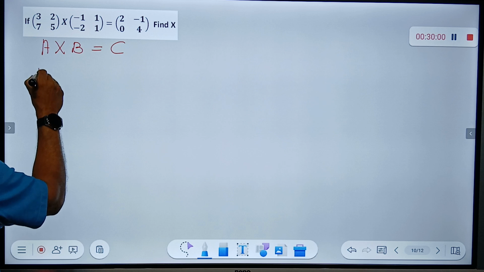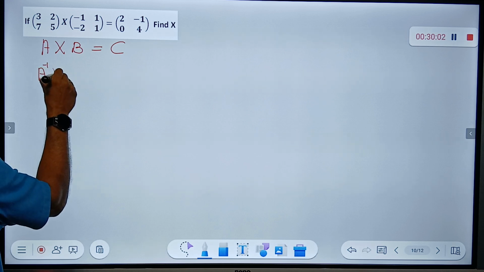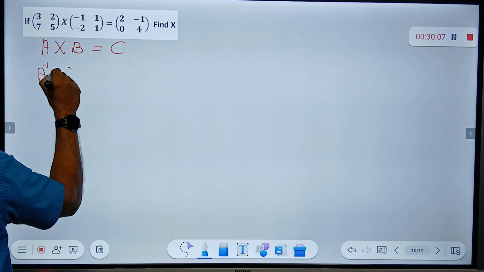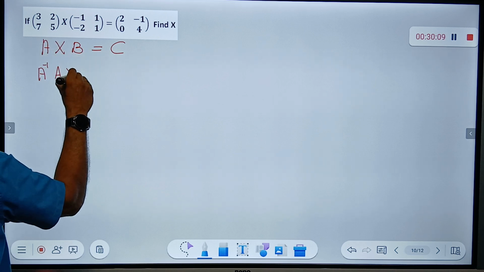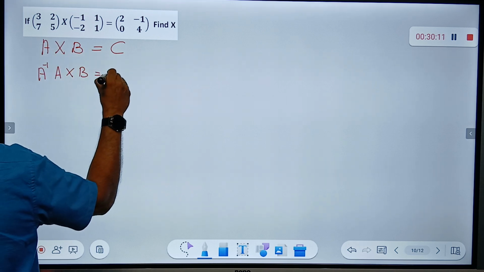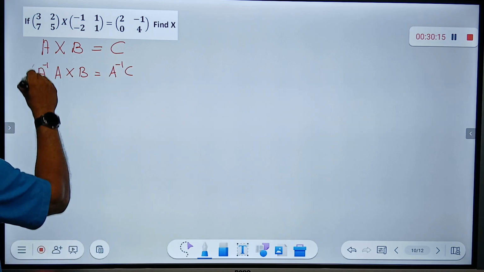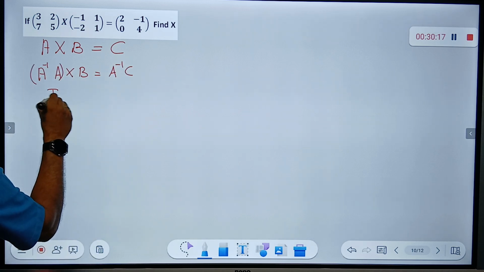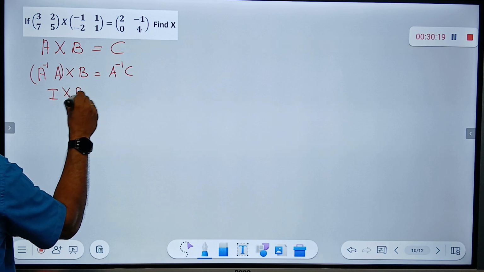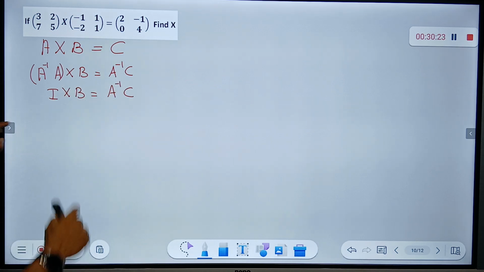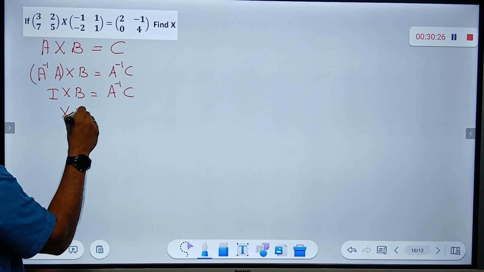So I multiply throughout by A inverse first. A inverse A X B equal to A inverse C. I pre-multiplied. Okay. So what is A inverse into A? I. X B equal to A inverse C. Now I into X is X.